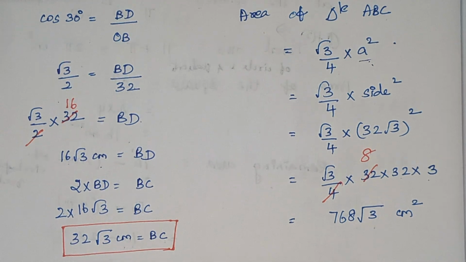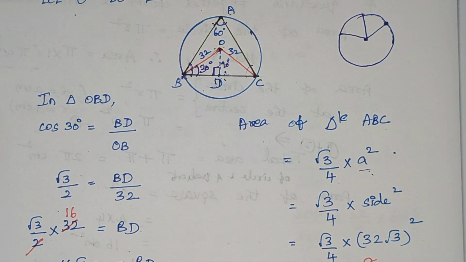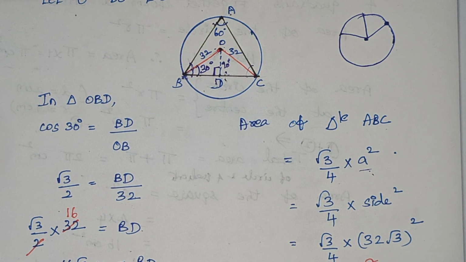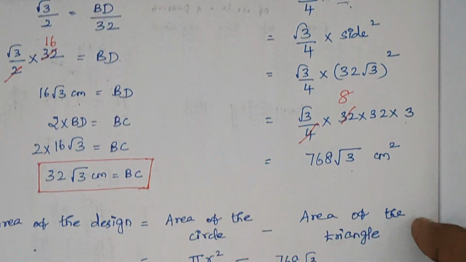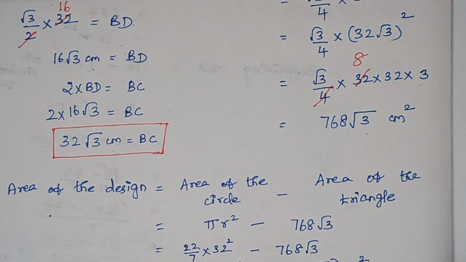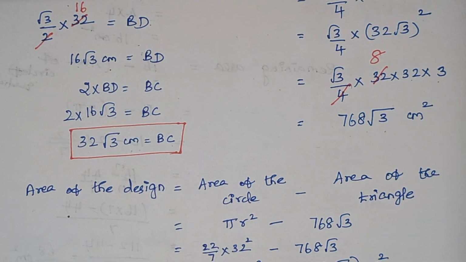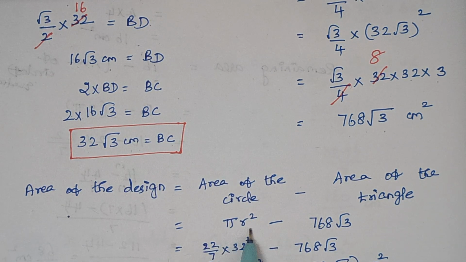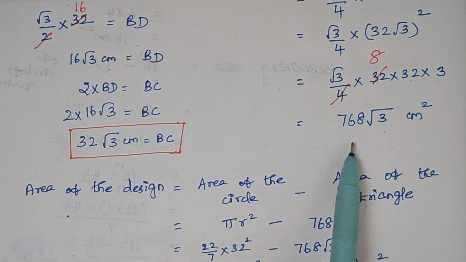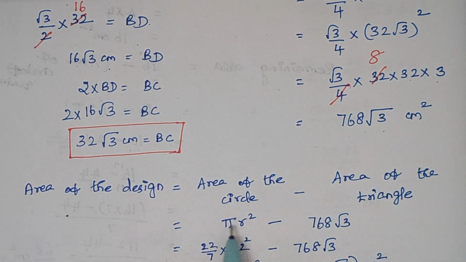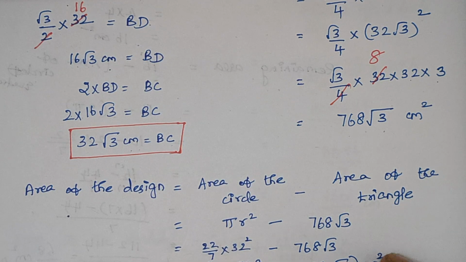Once we find the area of the circle, we can easily subtract. The area of the design is given by the area of the circle minus the area of the triangle. The area of the circle formula is pi r square, and for the area of the triangle we already have the value. What is the value of pi?